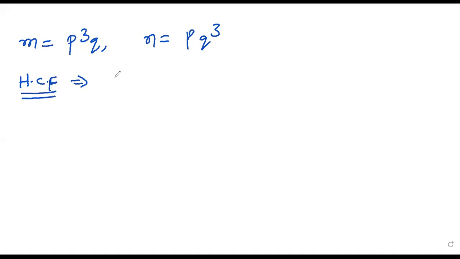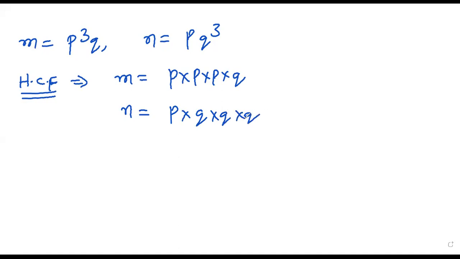That means if you write m is equal to p into p into p into q, because p is there 3 times, and n is equal to p into q into q into q.